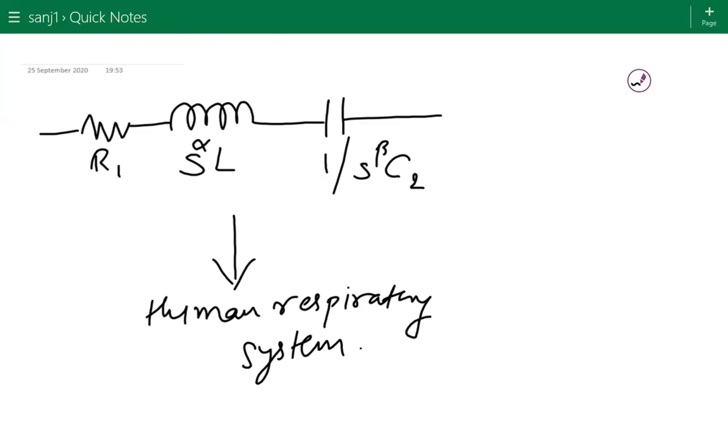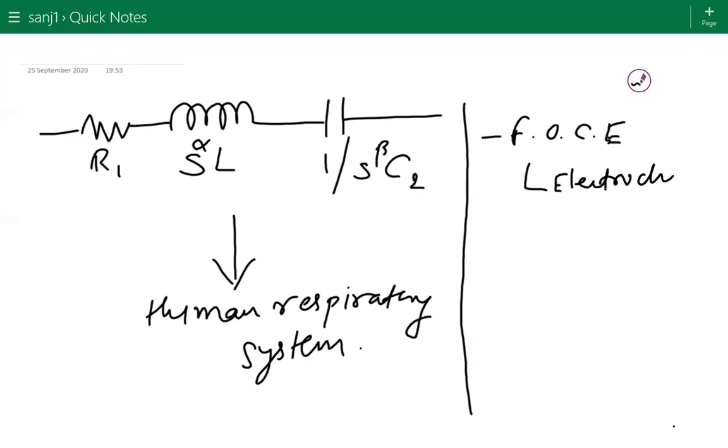So with these examples we can arrive at a conclusion that these fractional order circuit elements are used to represent systems which mainly comprise electrochemical systems or biological systems, and these are also used to model fuel cells.